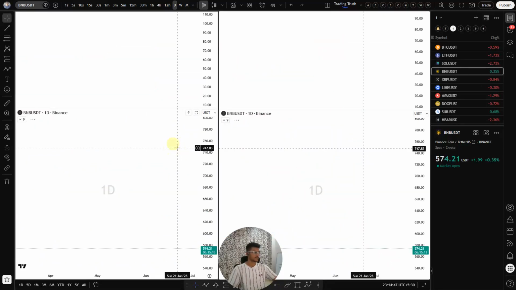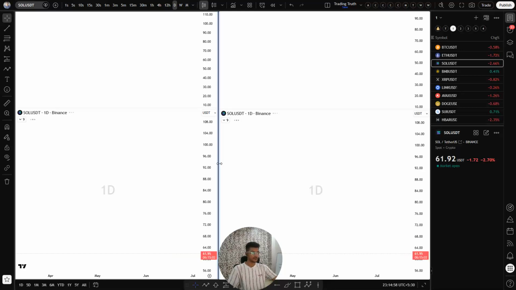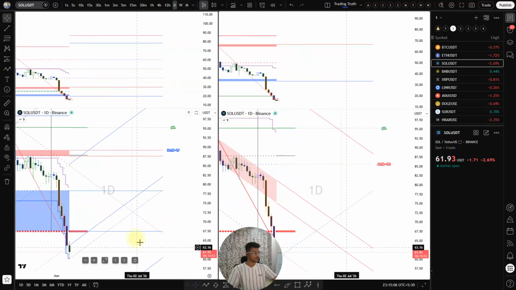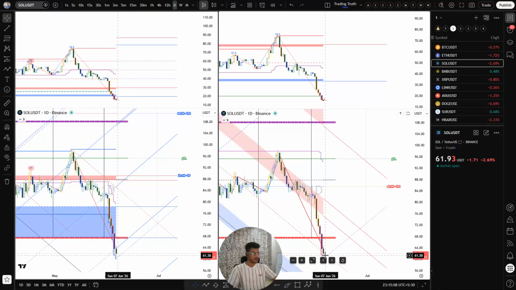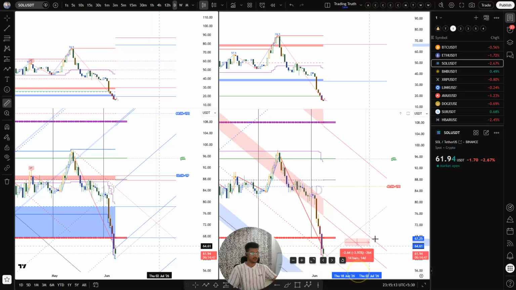Okay, and rally will be, I think, very short rally. It will give breaking down action. So here the market supposedly pulls back around here. When it breaks this trend line, it will come down again.